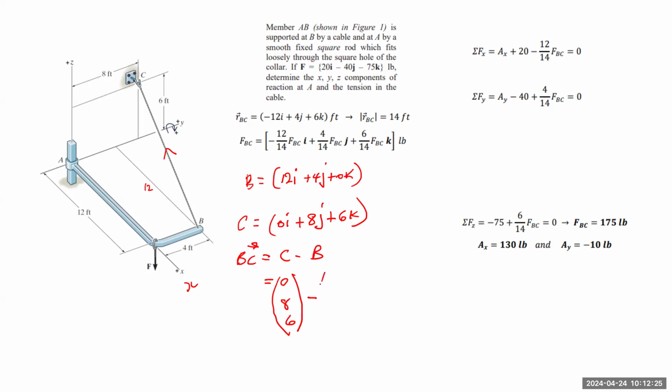Then you write B, which is 12, 4, and 0. And so from here you get minus 12i, 4j, and 6k. So from there you would have got the position vector that you need. So there you get that answer.